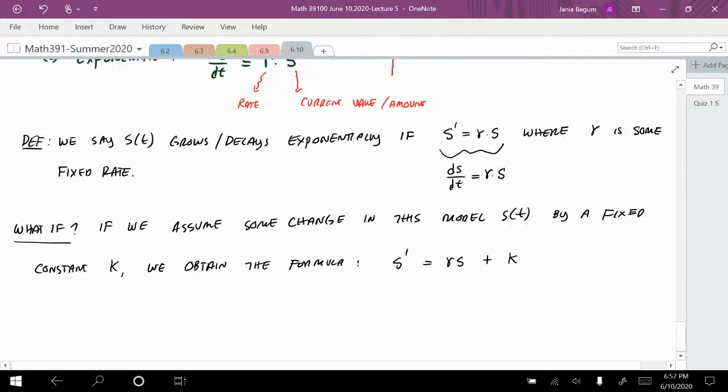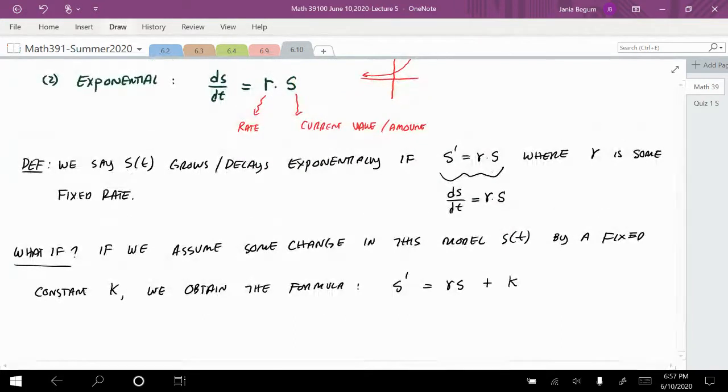Well, what does this k represent? The k can represent two things. It could be a deposit. If k is positive, meaning you're starting with some amount and every year you're adding an extra k amount to the account.